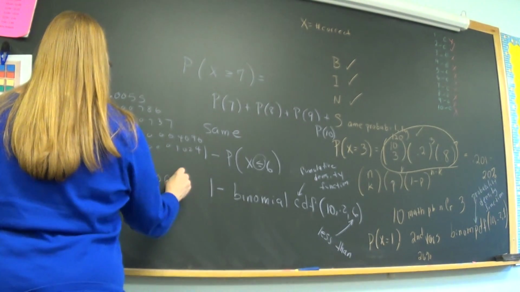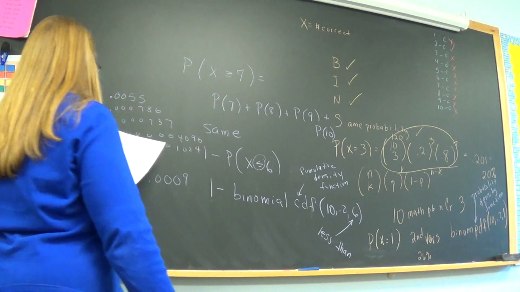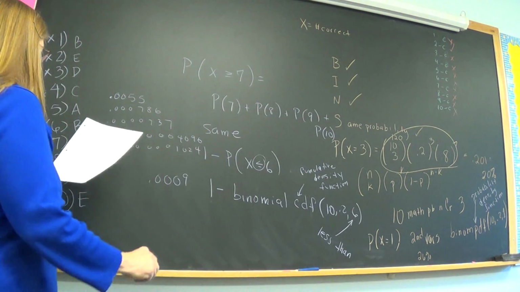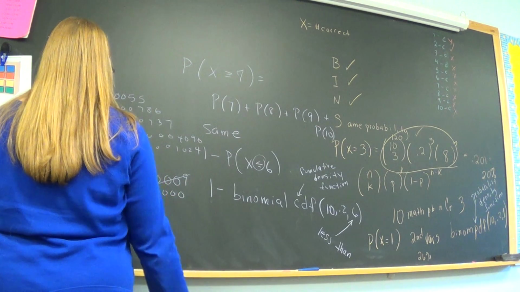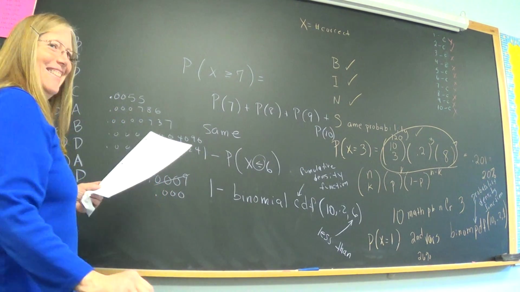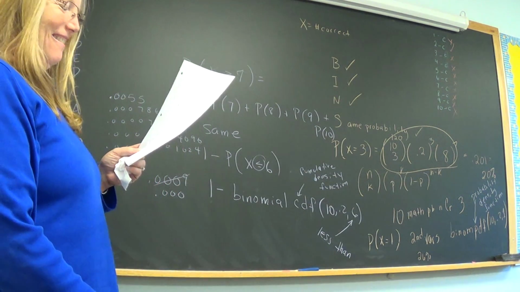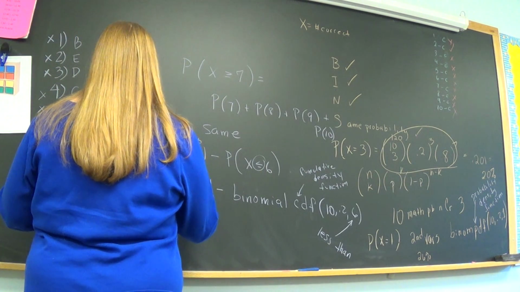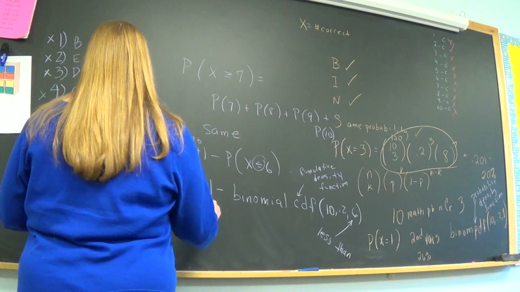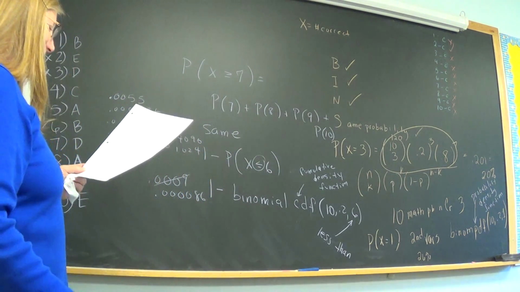Whoa. 0.0009. I didn't get that. I got 0.0000. That's it? Wait. 1, 2, 3, 0. That's 4 zeros, and then it's 8, 6. I didn't get that. That's the same thing that I got.